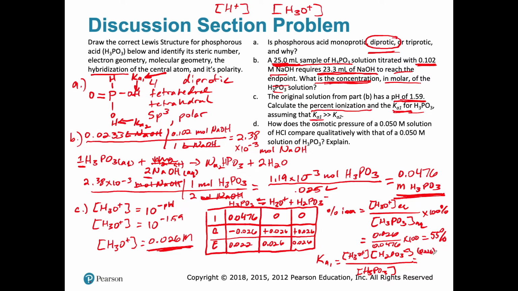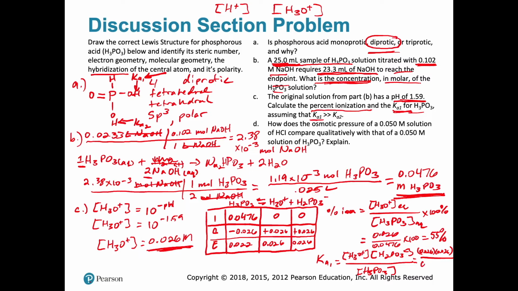It should be 0.026 times 0.026, all divided by what? What should it be divided by? Yes, exactly. The equilibrium number from the original. Good job, Stephanie.